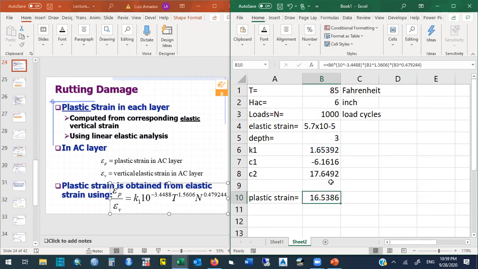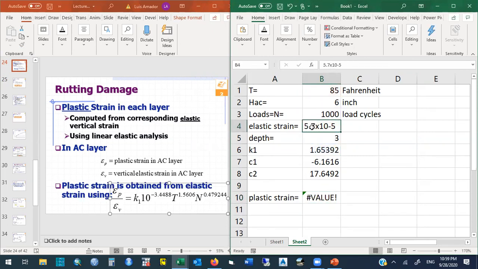So the plastic strain is 16. Ow. This is multiplied, sorry, by the elastic strain.